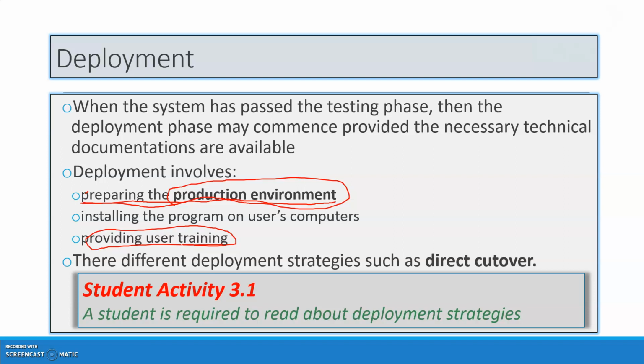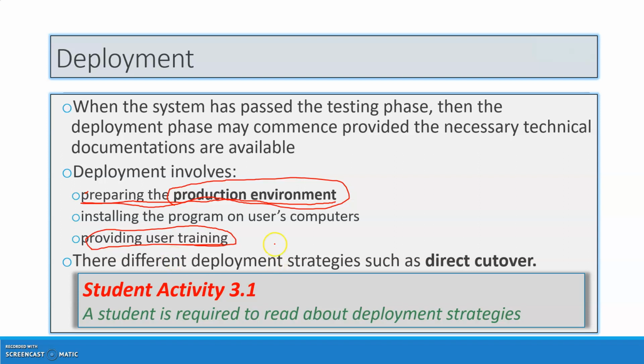And in deployment, there are different strategies of how you can actually deploy your software, because in most cases you may have some other existing software in use or some other existing systems in use, whether manual or electronic. And when you are coming up with your solution and you want to install it as a software, you have to follow one of the different strategies that are out there.